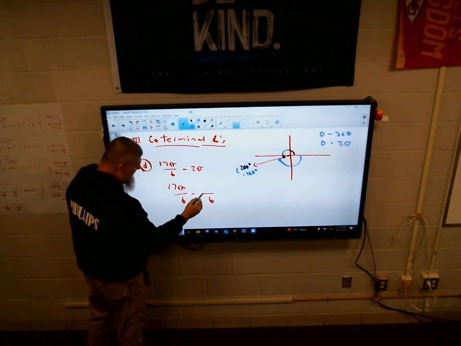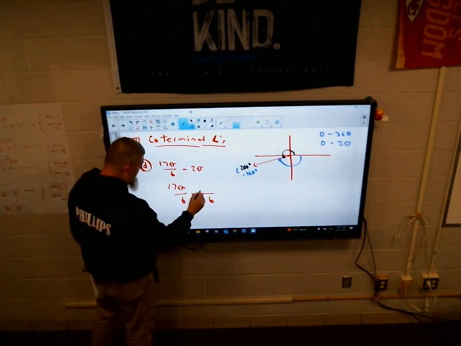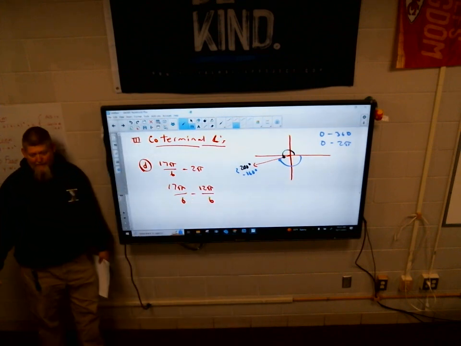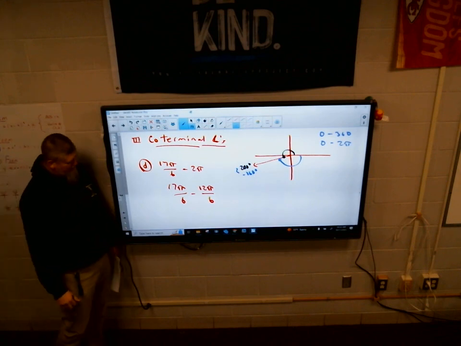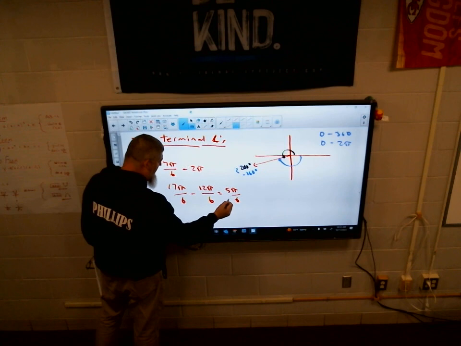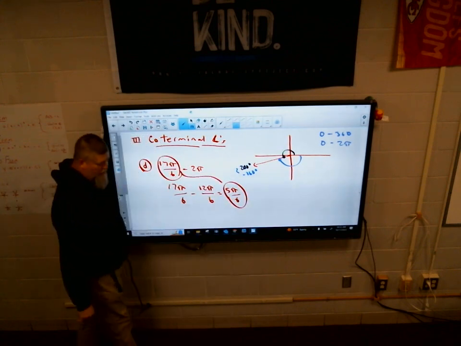So what's the numerator going to be? 12 pi. Where did you get that from? Because he did 6 times 2 to make sure they have the same denominator. Yeah, that makes sense. So then you end up with 5 pi over 6. So 5 pi over 6 and 17 pi over 6 are coterminal.